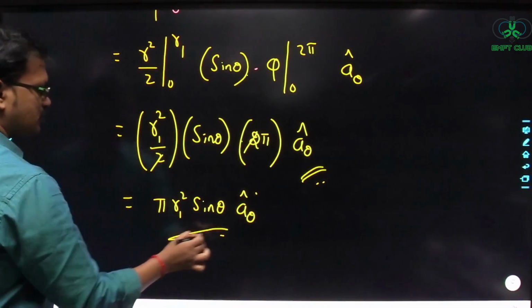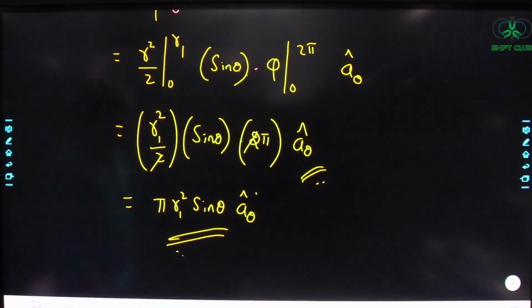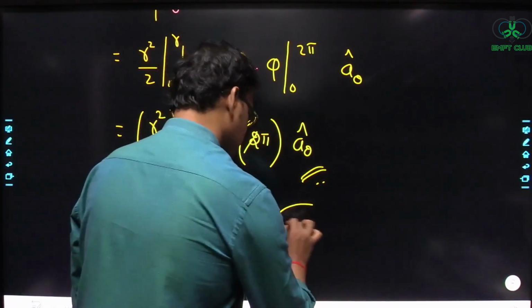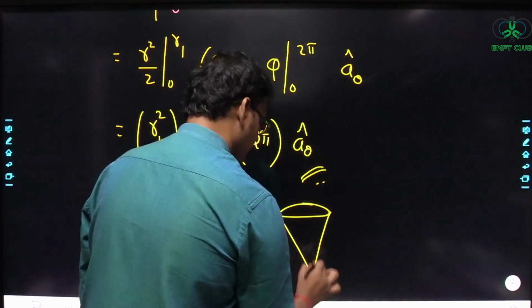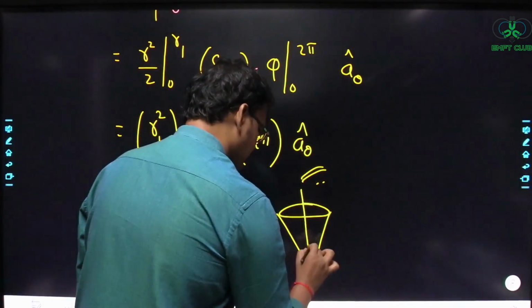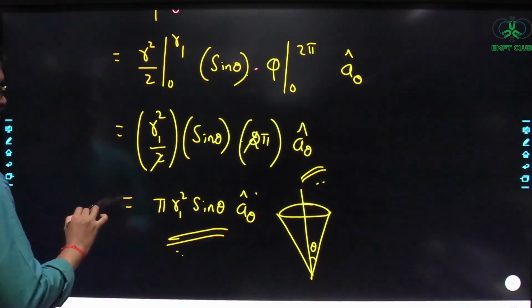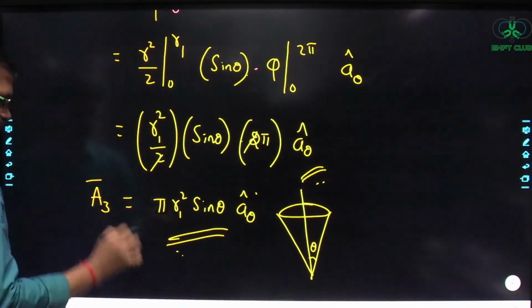Pi r1 square sin theta is nothing but the surface area of a cone. This represents the surface area of a cone, where this angle is theta. So this is another surface area that we got.